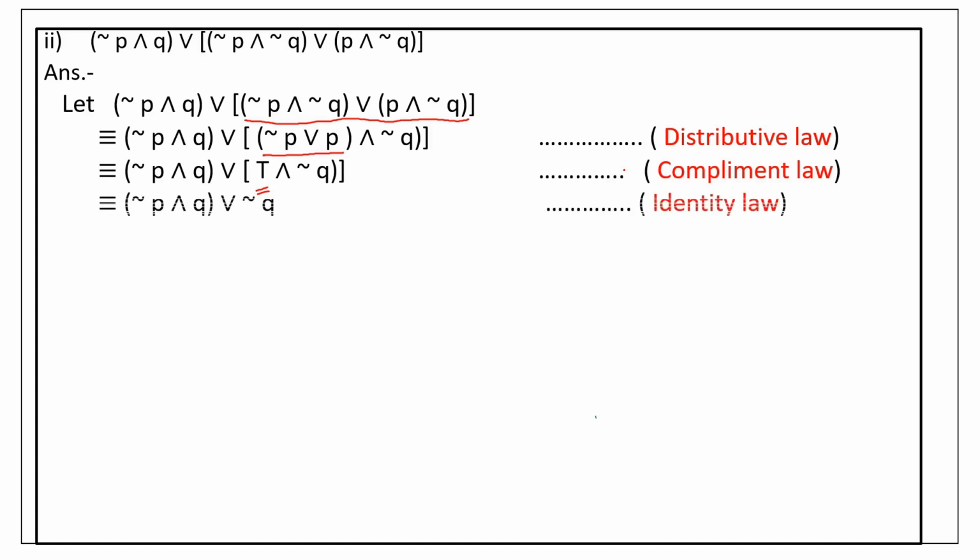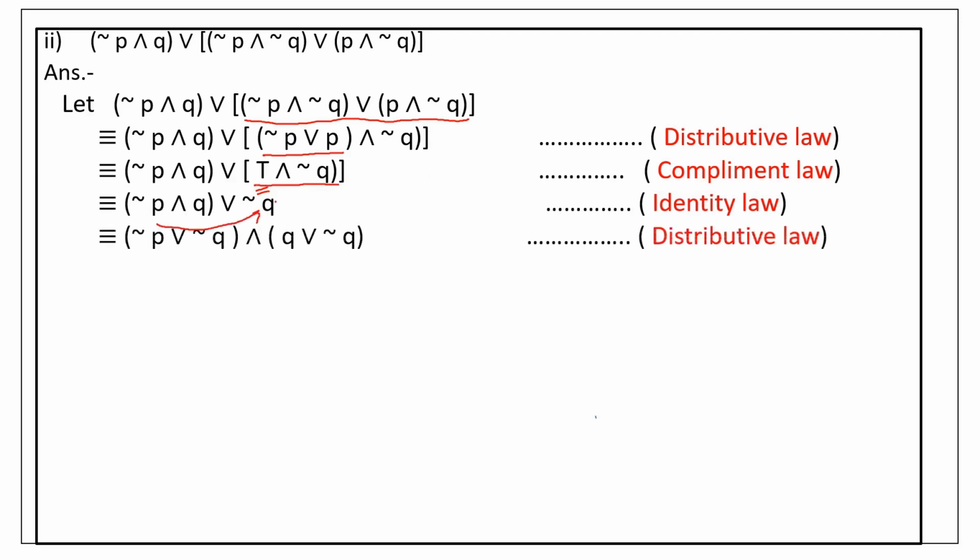So we use here. Next, identity law. By this T and negation Q gives us negation Q. Okay, in the next step we use distributive law, for this, that is negation P or negation Q and negation Q or negation Q.